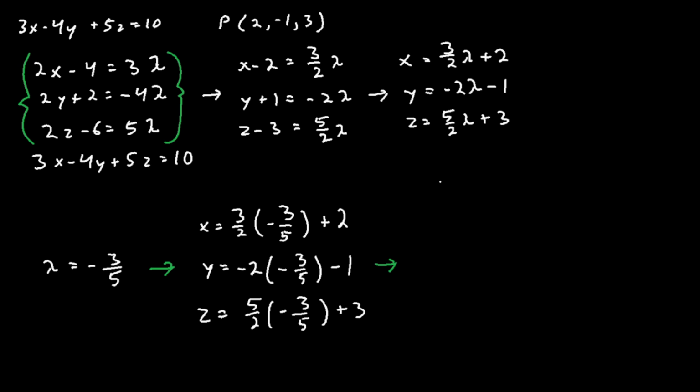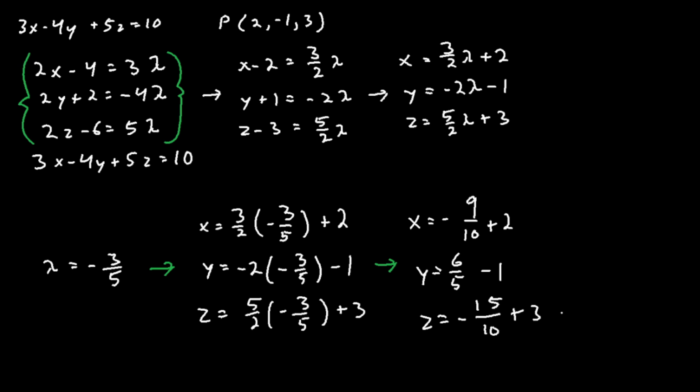And then once you expand everything, you get x is equal to negative 9 over 10 plus 2, y is equal to 6 over 5 minus 1, and z is equal to negative 15 over 10 plus 3. So these are just your answers. I could simplify this further for you, but that's not necessary.